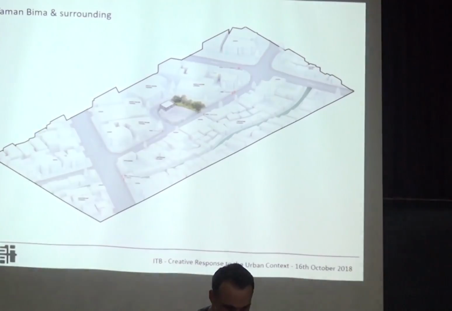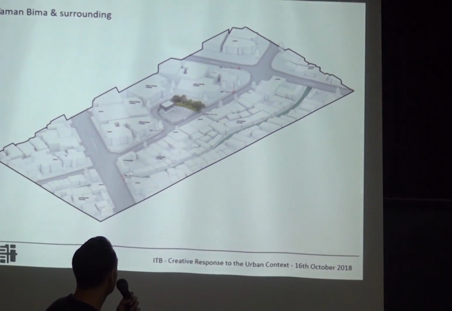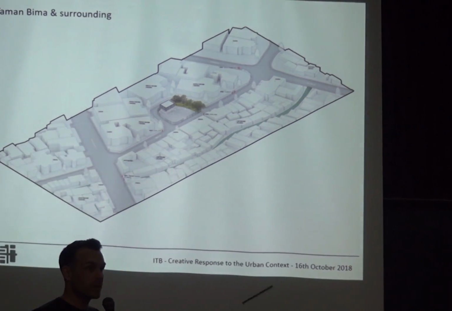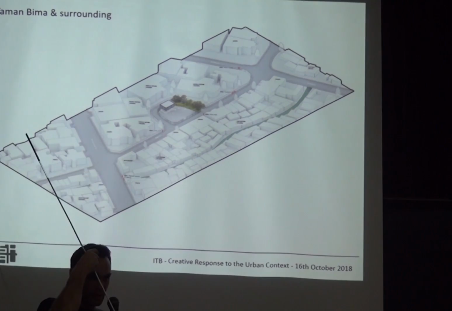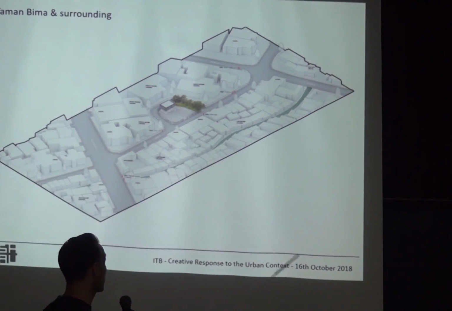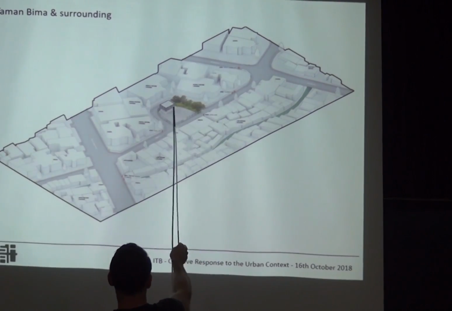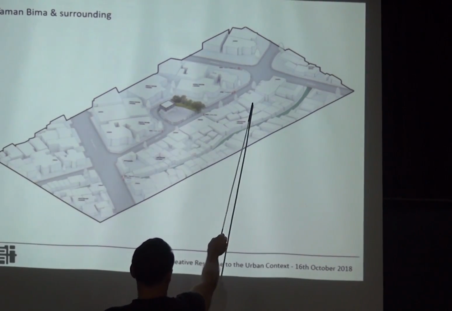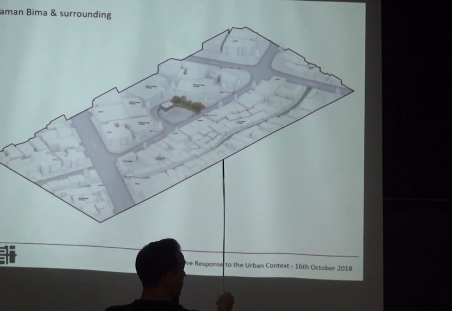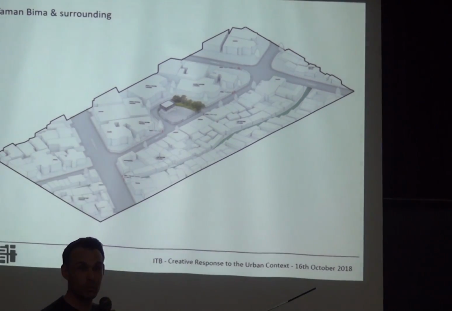I would like to go a little bit into this urban context now. What is very interesting about the Beamer library is the neighborhood. Here you have Jalan Bima, and you have the park, which is actually used exclusively by these people because they're the kampung people.